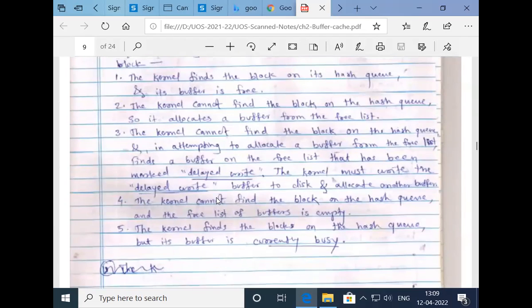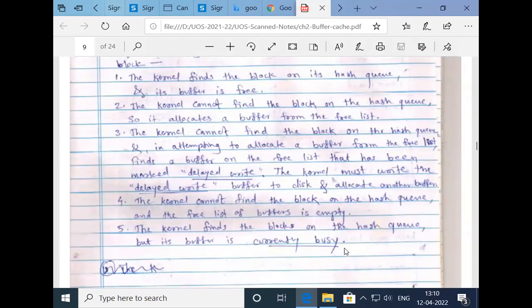So if you compare first and fifth scenario, so first statement is common. Kernel finds the block on its hash queue. And in the first scenario, its buffer is free, but in fifth scenario, its buffer is currently busy.